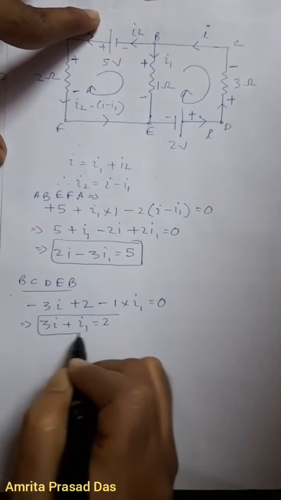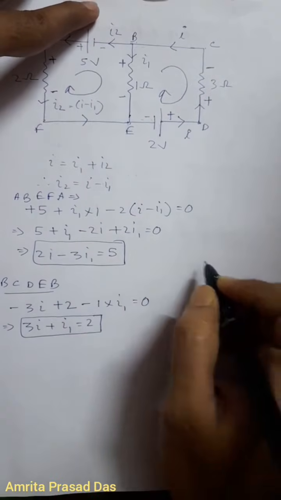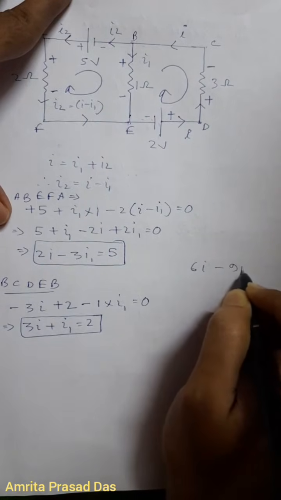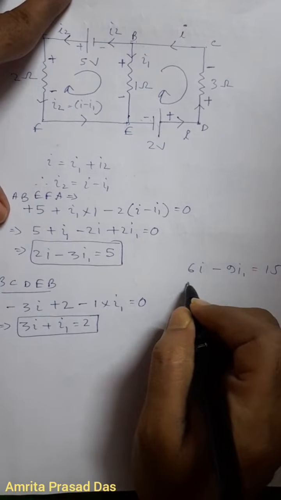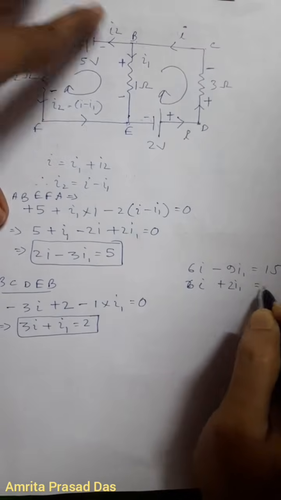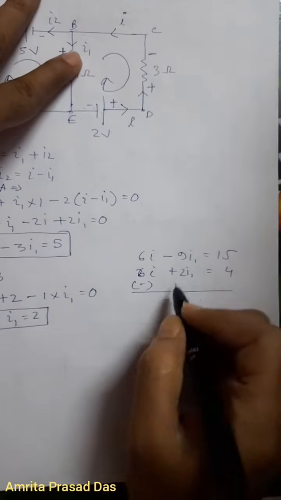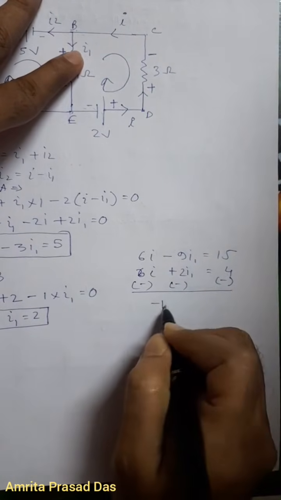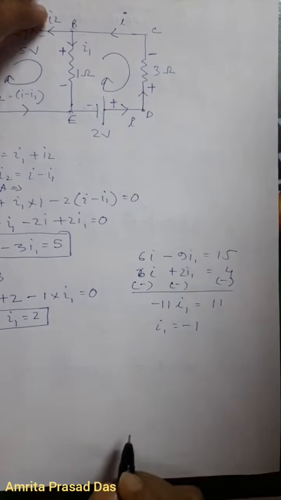This is another equation. Now we are solving for I1, multiplying it by 3, that is 6I minus 9I1 is equal to 15, multiplying the other by 2, 6I plus 2I1 is equal to 4. Subtracting, minus 11I1 is equal to 11, or I1 is equal to minus 1.